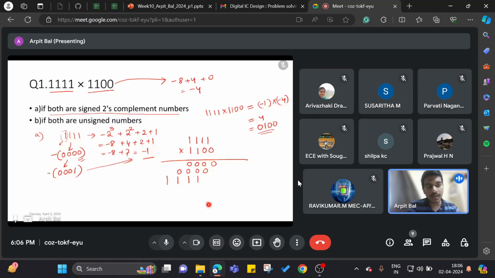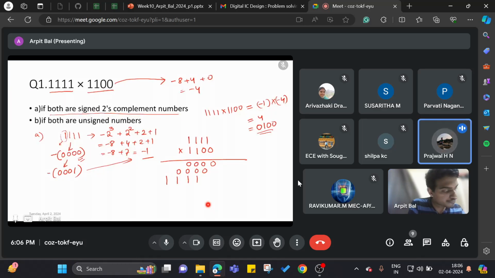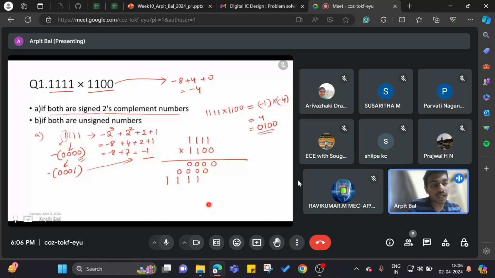Are you sure that it is going to be 1 1 1 1? If both are signed, then both the MSBs will have negative associated with them. So negative into negative will be positive. So all will be 1 1. But if all are 1 1, then it will mean the MSB is going to be 1, so it will represent a negative number.